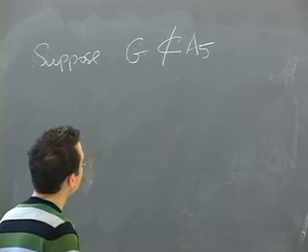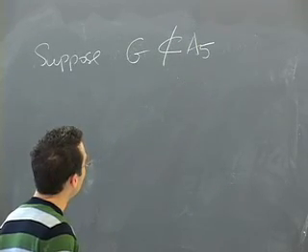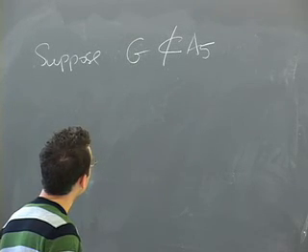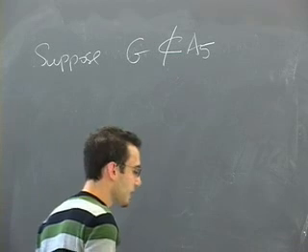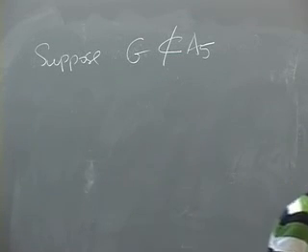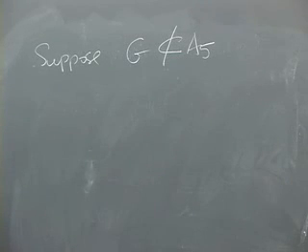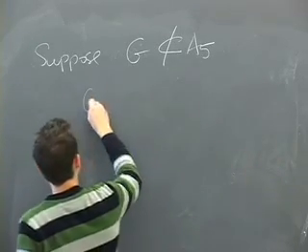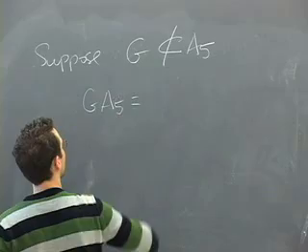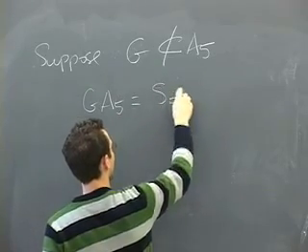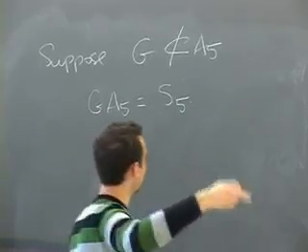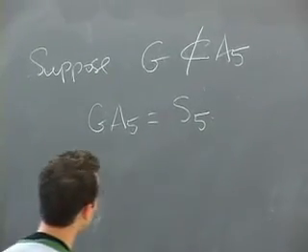In other words, there's some element of G which is not in A5. Well, remember A5 has index 2 in S5. So that implies that GA5 must be all of S5, right? Because we're sort of multiplying by this thing, I get the other coset. So it gives me all of S5.